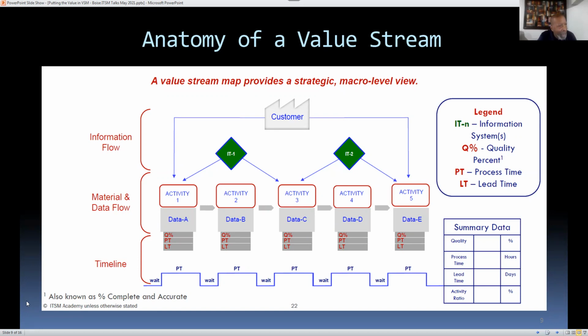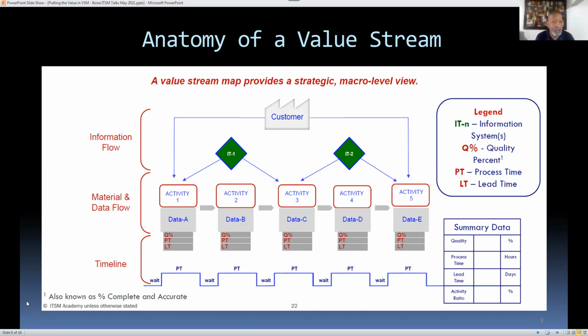Now, the PT actually stands for process time. How long does it take us to do that activity? Whereas the lead time is a combination of how long we waited to start, how long it took the activity, and how long before we wait to look at the next activity.